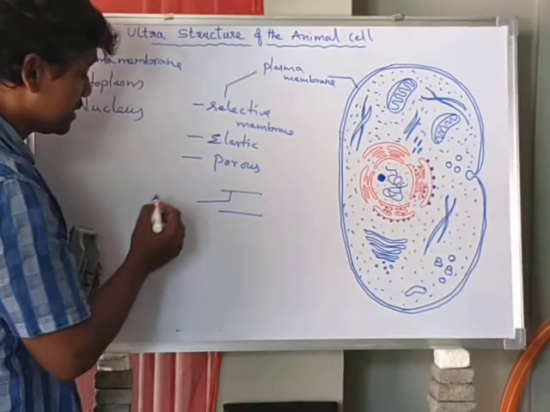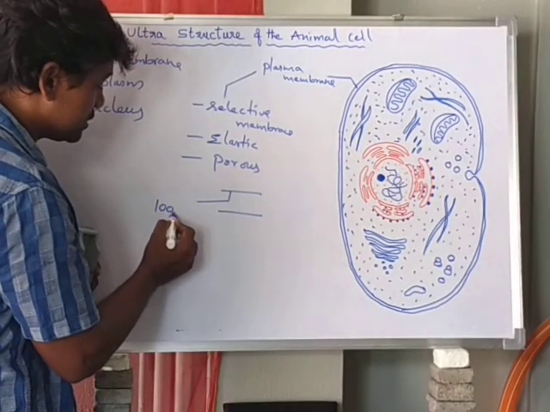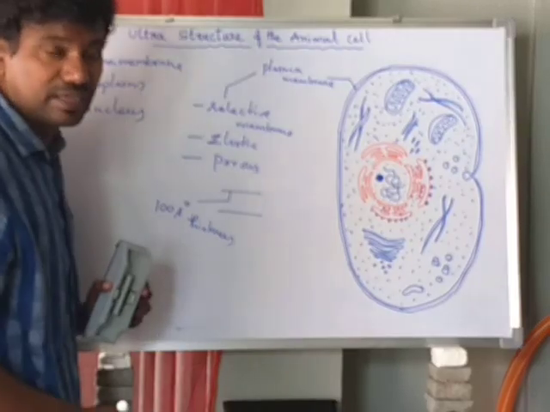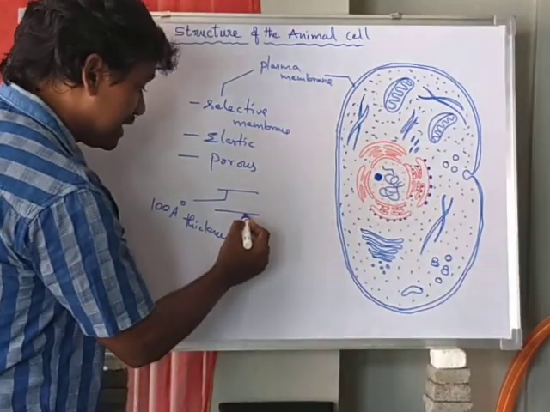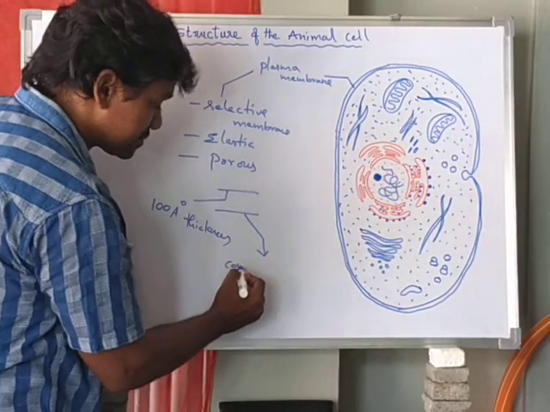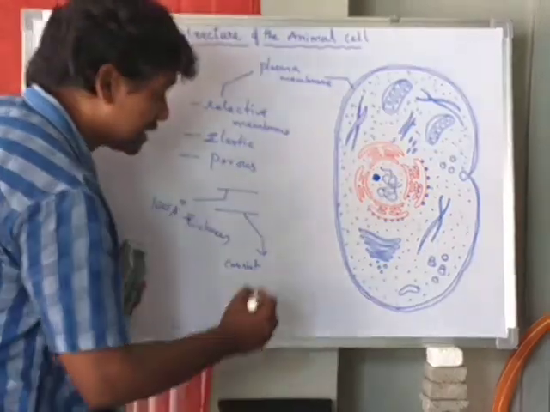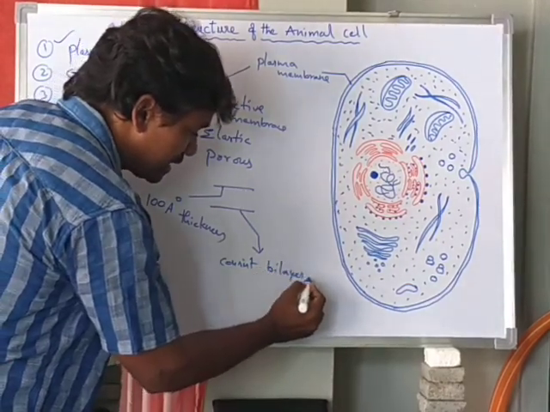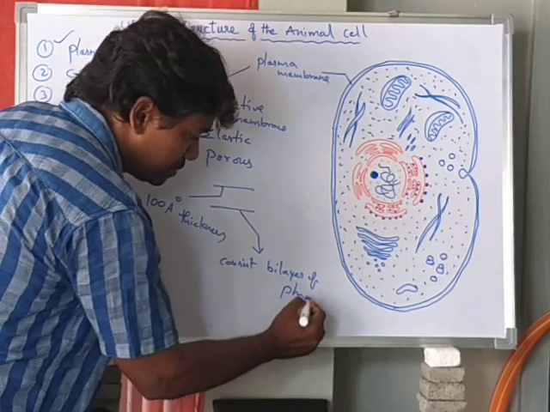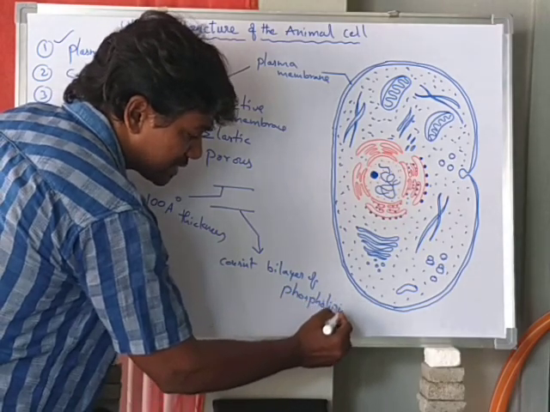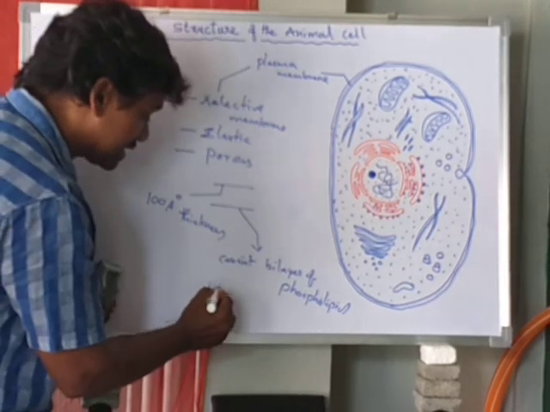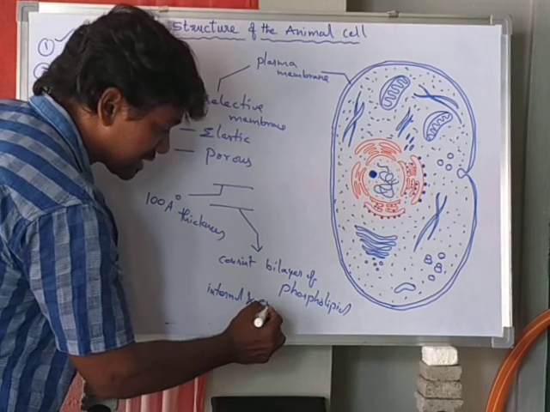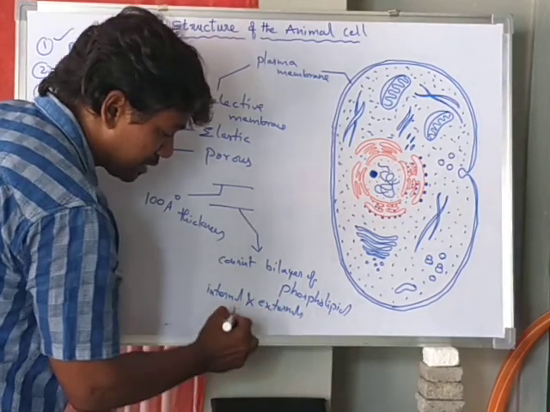Each layer consists of a bilayer of phospholipids and internal and external proteins.